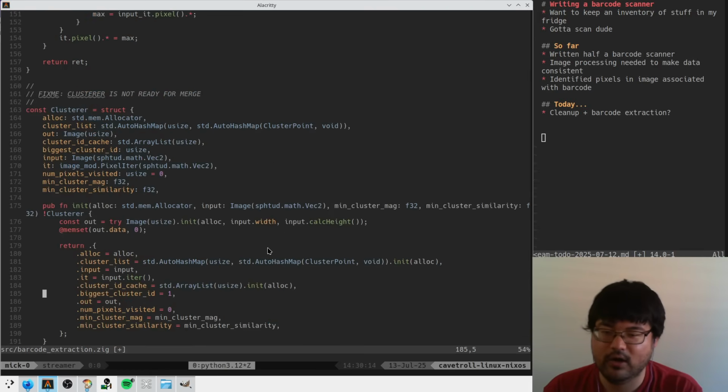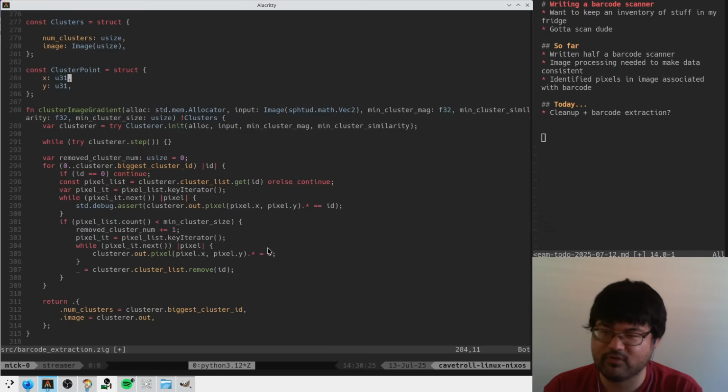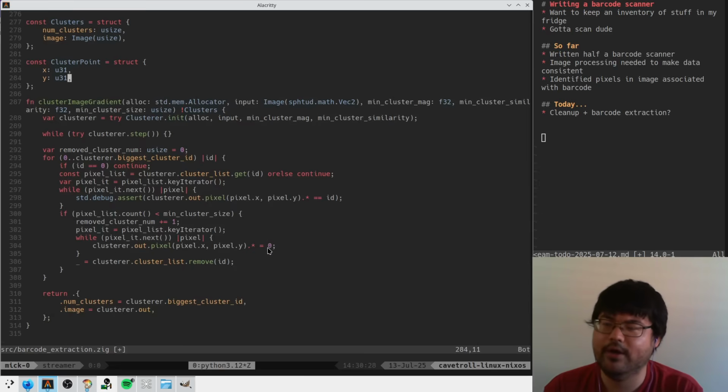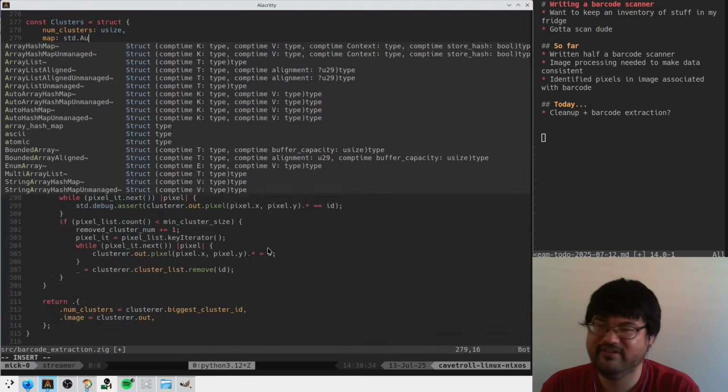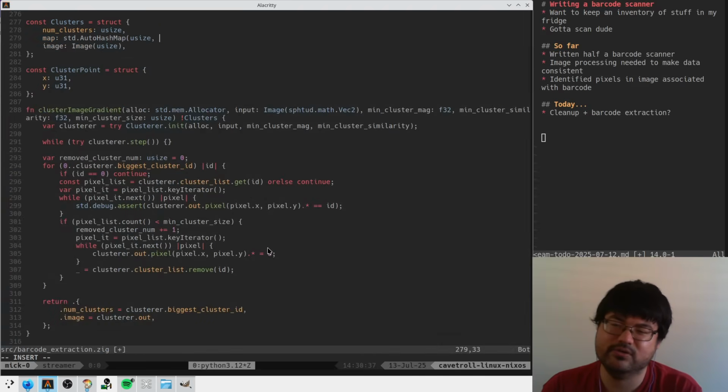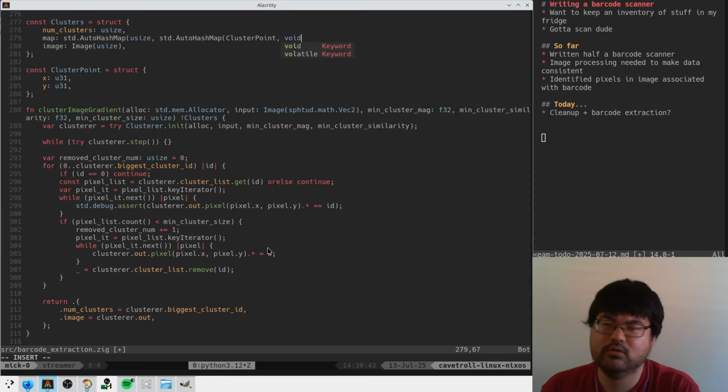So we have somewhere a hash map of cluster ID to 2D point. I think we just need to expose this as part of our output. So this should be a map, usize to cluster point. Something like this, right? And we just need to make sure that when we're done, we're removing things that are not being used.